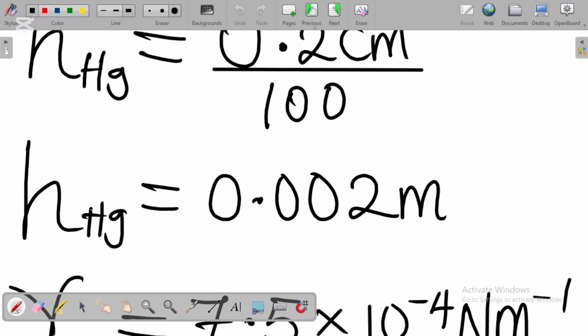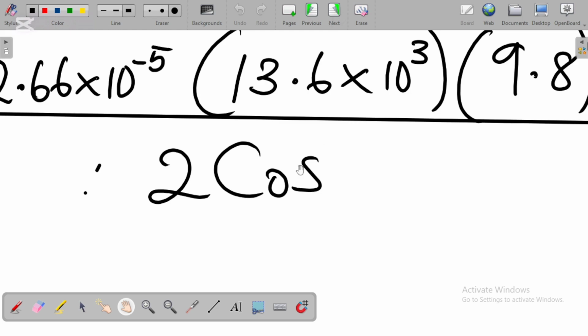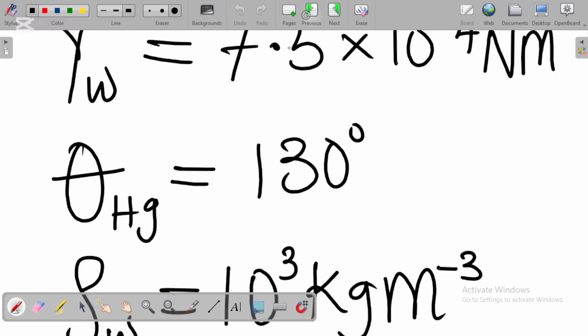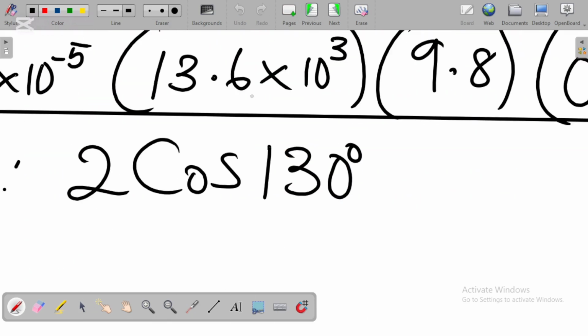So what is theta? Remember, theta is the angle of contact. And the angle of contact for mercury is 130 degrees. So we write 130 degrees. Now let me reduce the font here so you can punch your calculator and give me the answer.